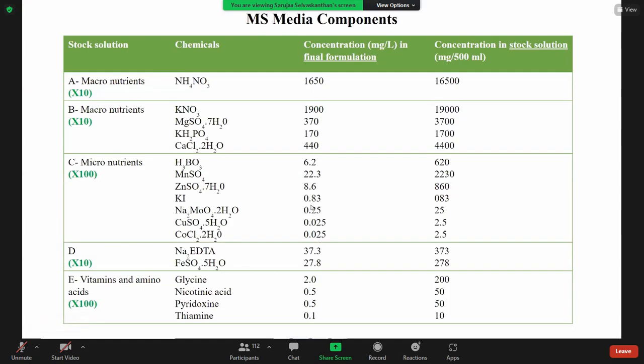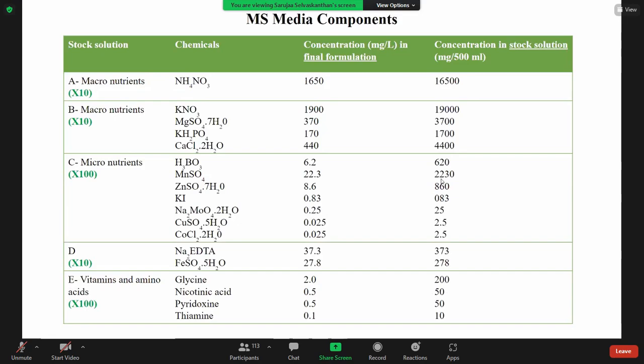Here, see, this is in milligram. So, it is really hard to measure this amount of micronutrients and vitamins and amino acids. So what we can do is prepare 100-fold concentration for the stock solution C and E. Only C and E, 100-fold concentration.